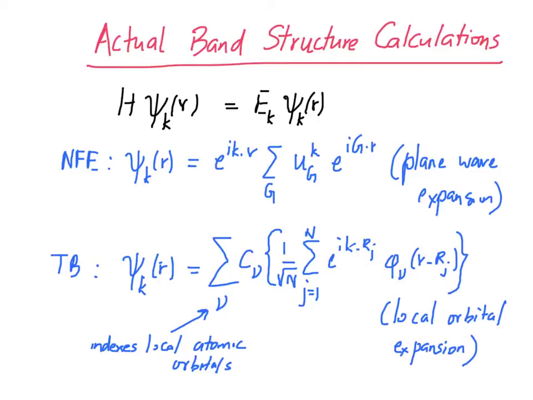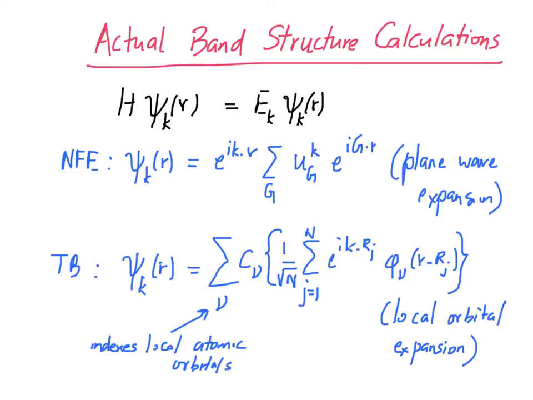So the plane wave expansion involves expanding the periodic part of the wave function in a Fourier series. The tight binding approximation involves expanding the wave function as a linear combination of atomic orbitals, a linear combination chosen such that it satisfies Bloch's theorem. In both cases, we have expansions.